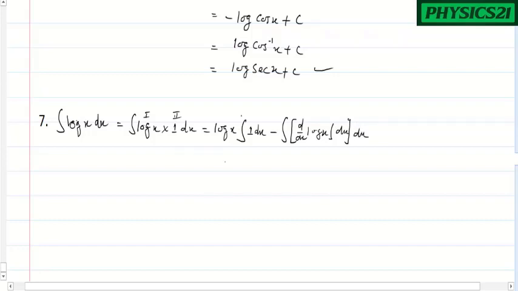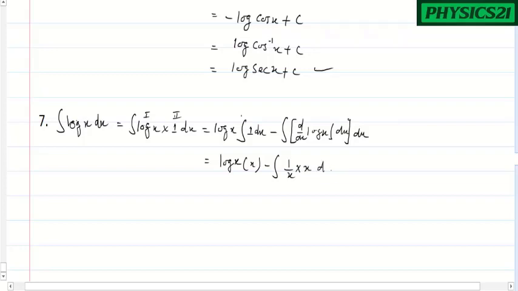Now solve it. Log x, integral coefficient of 1 with respect to x, that will be only x, minus integration derivative of log x will be 1 by x, and the integral coefficient of 1 with respect to x will be x.